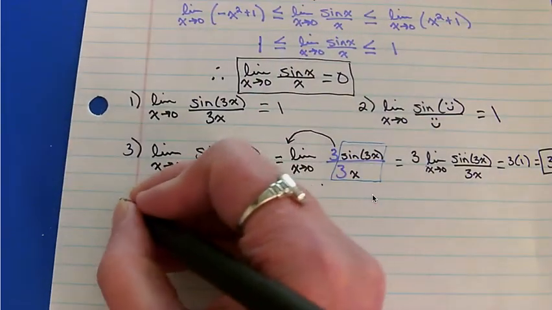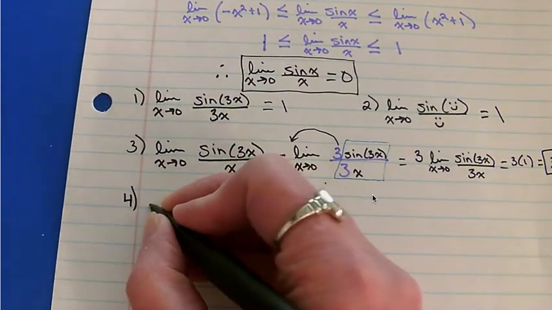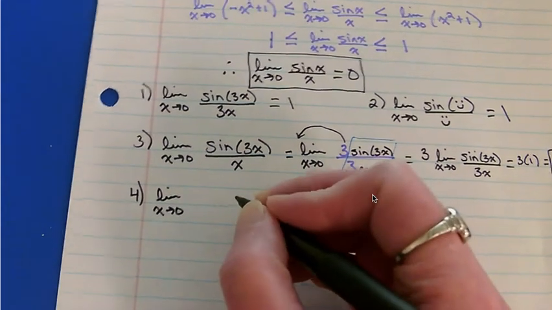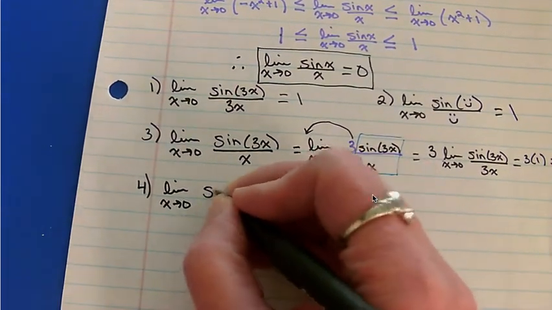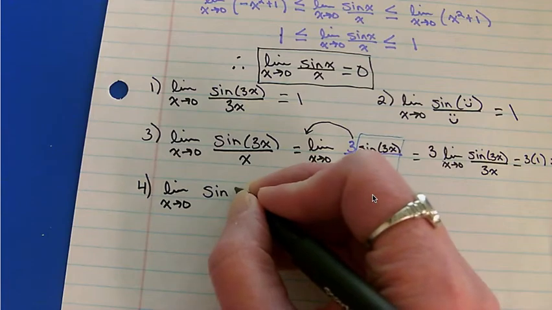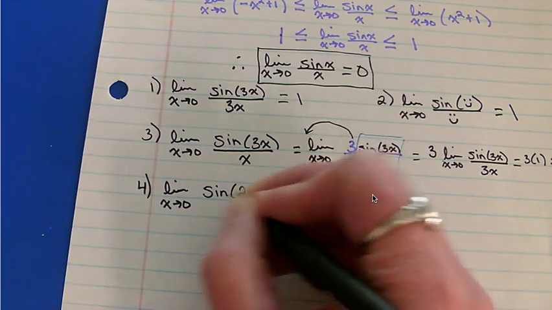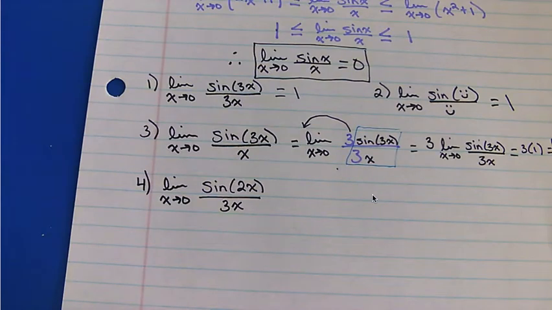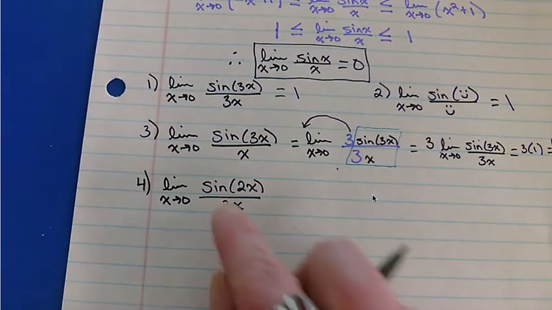What do you think would happen if I had, let's see, sine of 2x over 3x? Well, I don't want the 3 there.